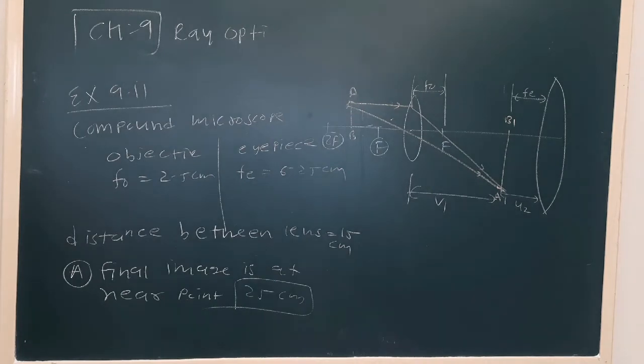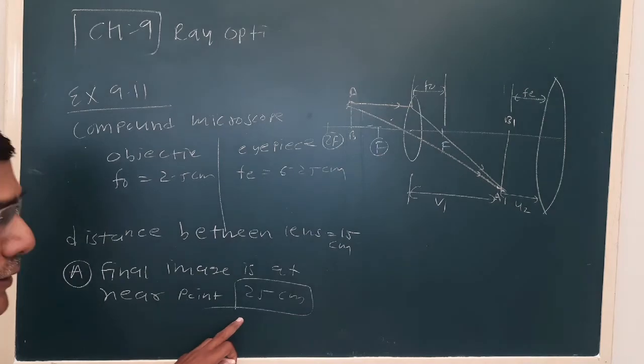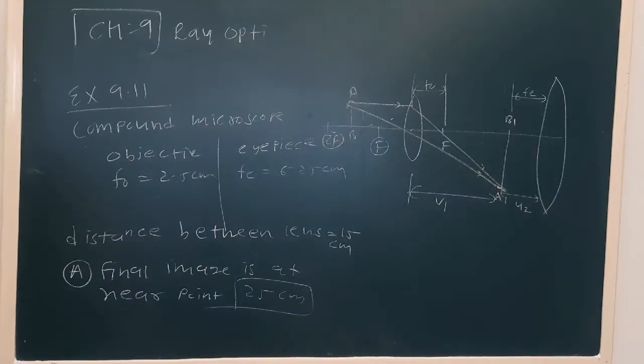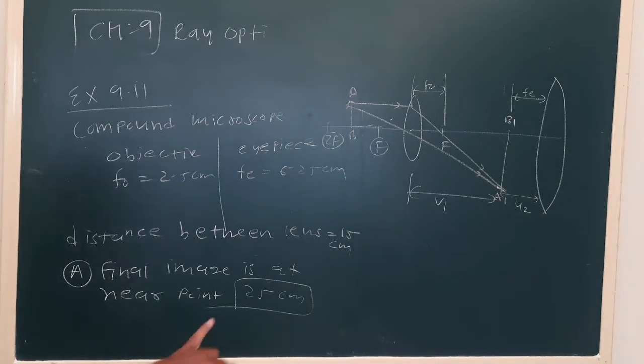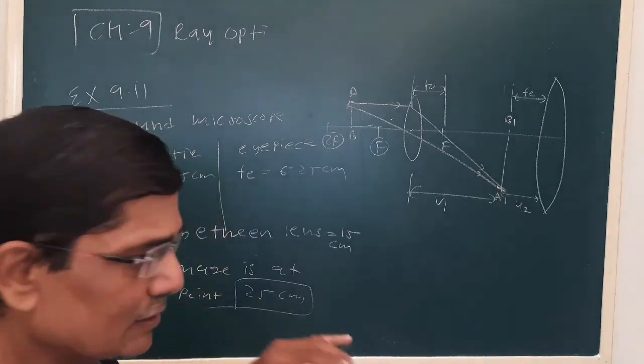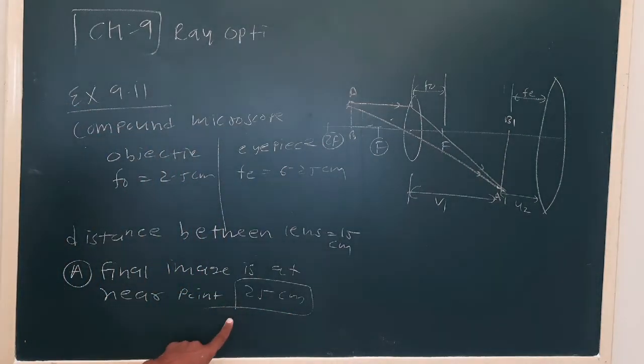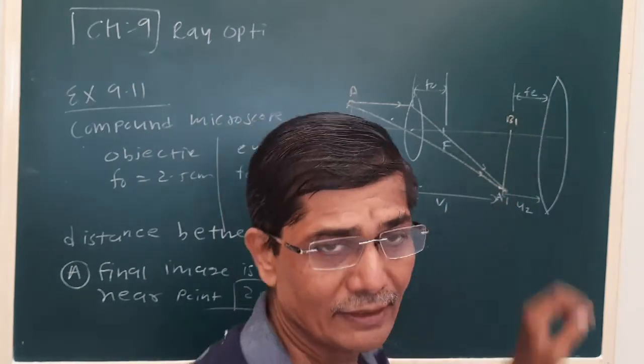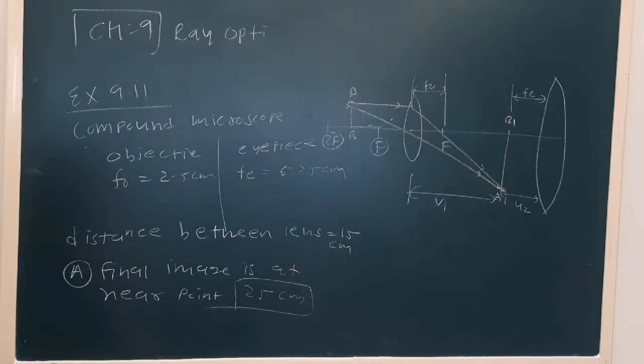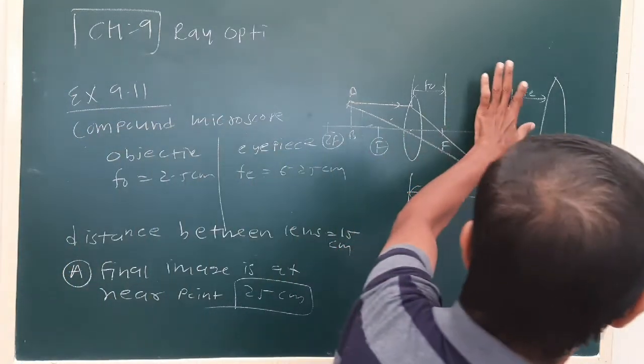Now see here, final image is given at a near point, so then our work is easy. For lens 2, the final image distance is given as 25 centimeter. What we are given is the focal length of lens 2, that is the eyepiece.